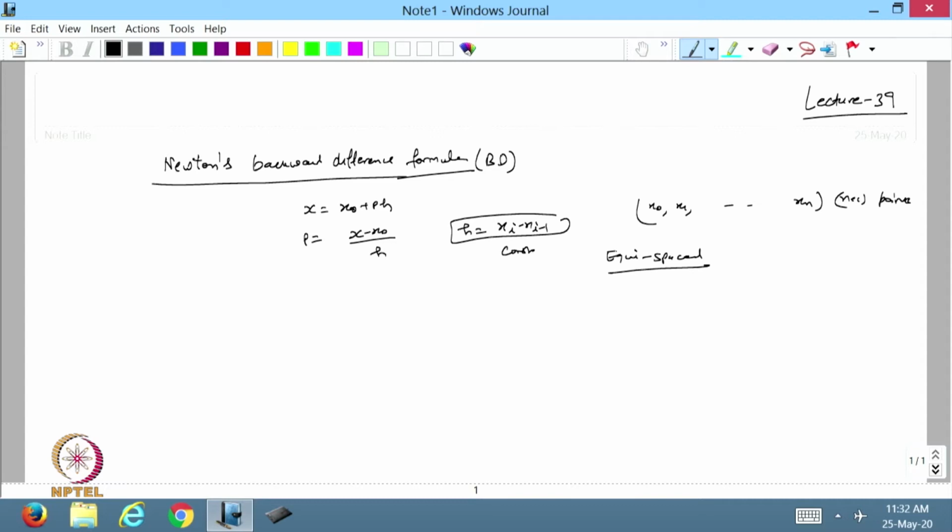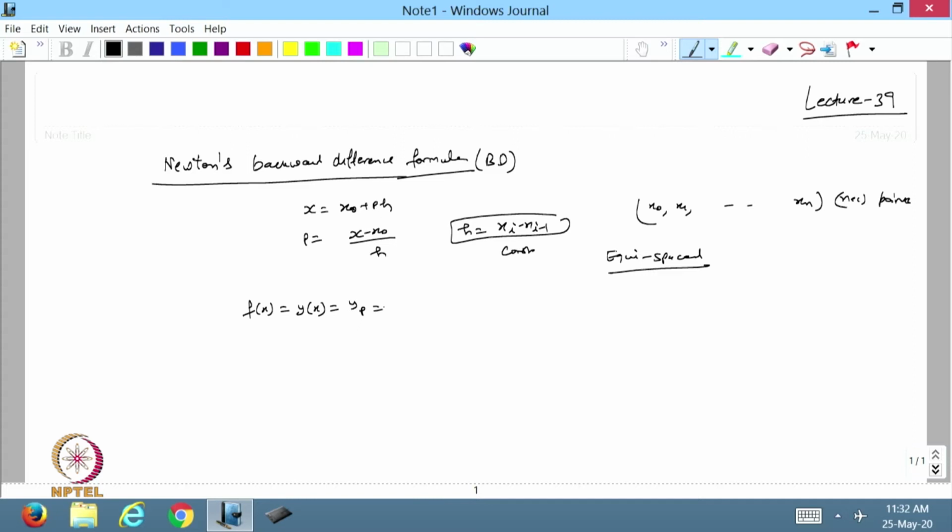I want to find the value of the function at x, that is y(x), which I can represent as y_p, because x is involved with the parameter p.